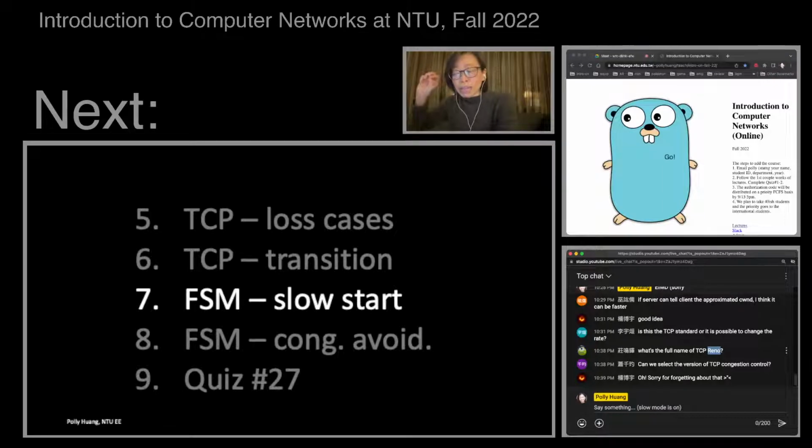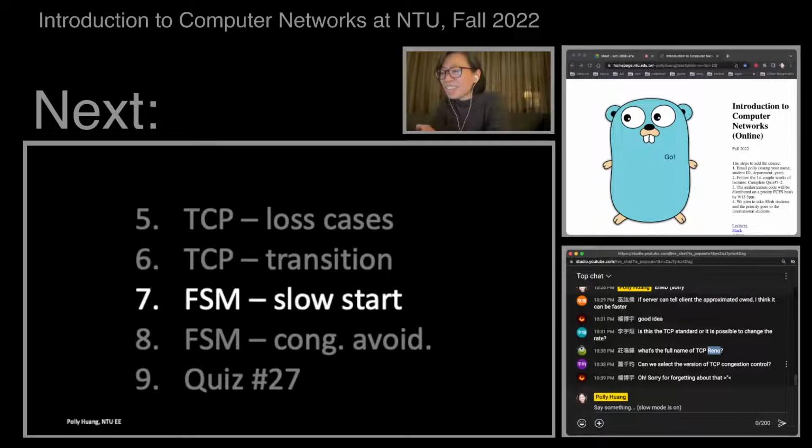If it's 3 duplicate ACKs, that means it's probably just a single packet loss. Therefore, the other packets can go and trigger duplicate ACKs to come back. So in that case, we don't always drop the congestion window size down to 1 and start slow start again. We just drop it to half and then increase linearly. So we cut the slow start process there in Reno.